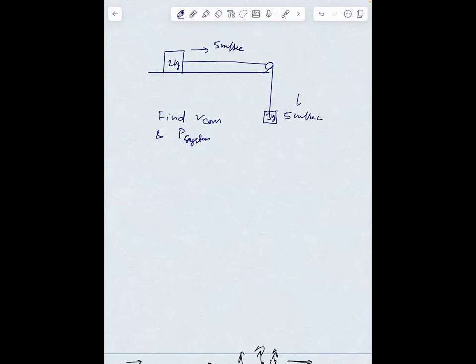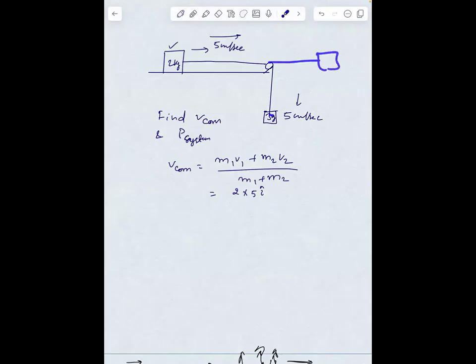Okay, listen everyone. You know that V of center of mass is equal to M1 V1 plus M2 V2 upon M1 plus M2. So M1 is 2, but the velocity is 5 I cap. This is not 5 only. If it is in this direction only, then I can write 5, but if it is in this direction, you have to mention the direction.